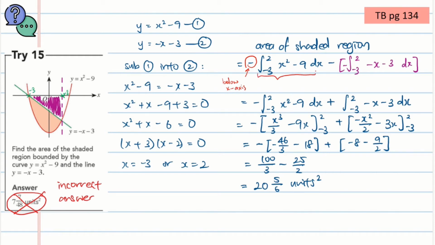So this is area under curve. Minus away the area under the line. And this negative sign here is due to below x-axis. While this minus is actually a subtraction of the bigger area and the smaller area.